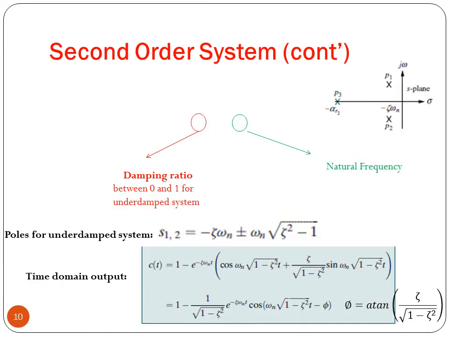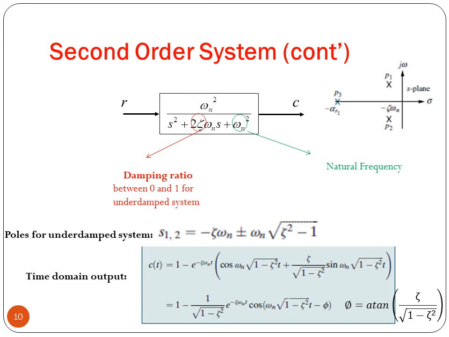So if we continue, we can see that for the case where we would focus our second order system study, we must have zeta between 0 and 1, and omega n is the natural frequency. Thus we represent once again the values of the closed loop poles and the time domain output.